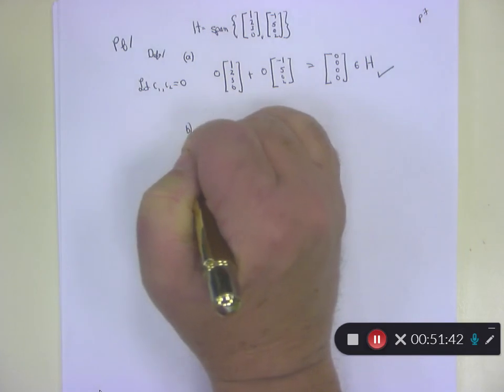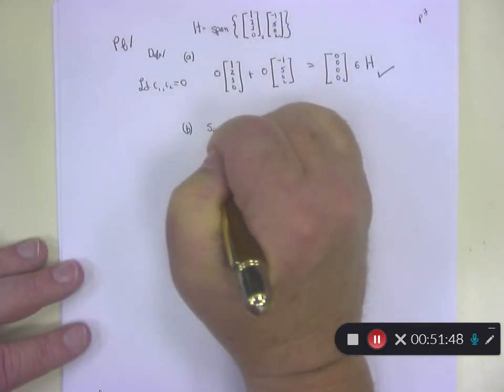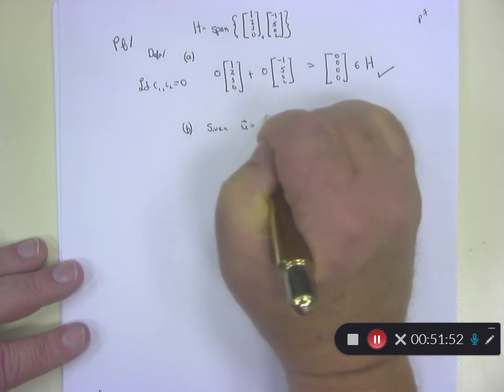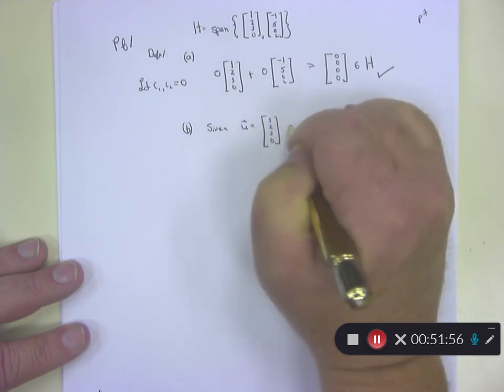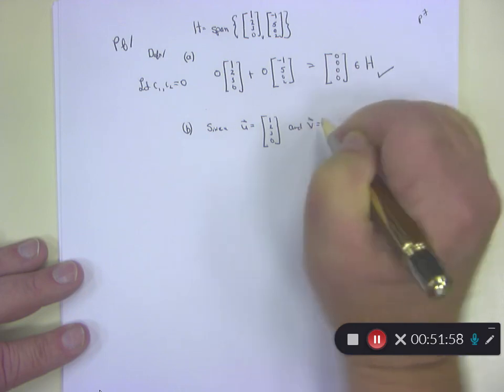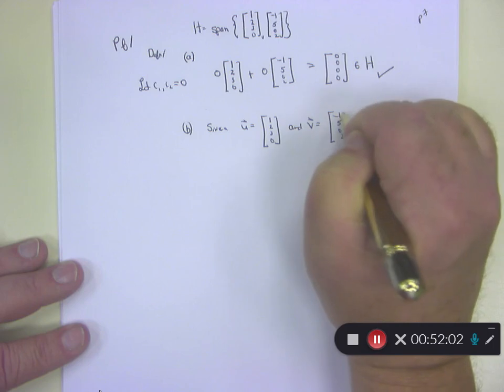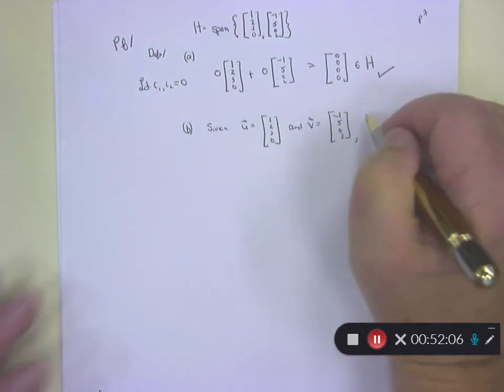Part B. On that definition, what was part B? Since, and I'm going to use my little letters, vector U, let's let that be equal to 1, 2, 3, 0, and vector V be equal to the vector -1, 5, 0, 2. All right?